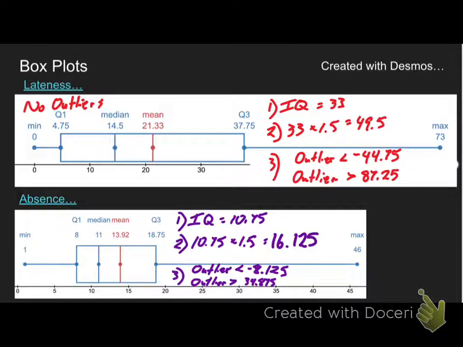So look, we do have data points actually out there. So let's take a look at that. Anything outside of this number here, this 34.875, all of this data would be outliers. So what I would do is I would actually erase this on my box and whisker plot and cap it off right here at 34.875.